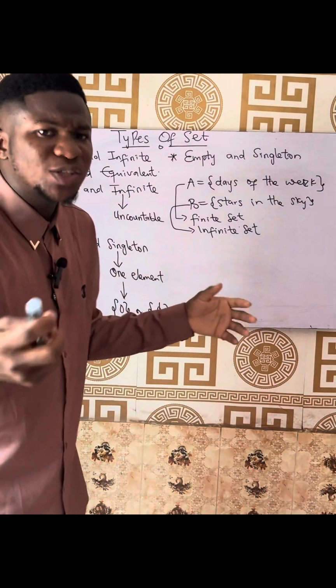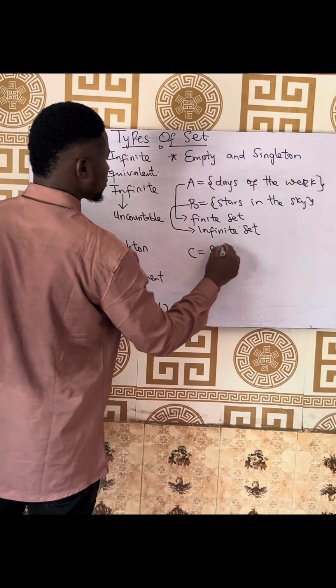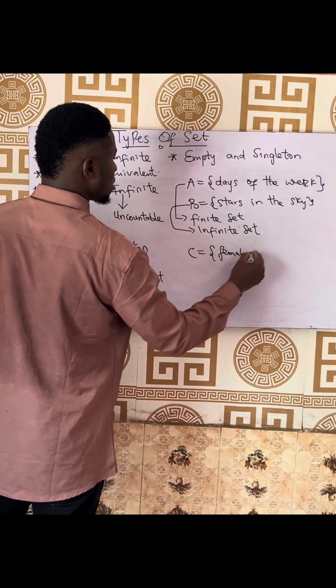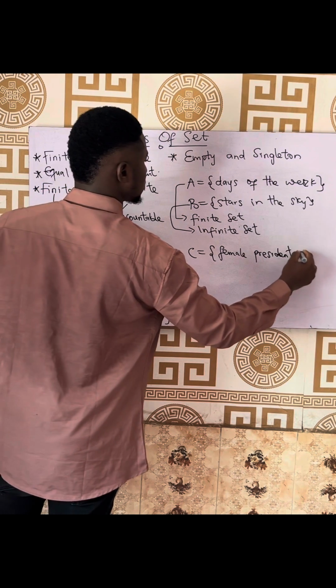Then let's talk about some examples of empty and singleton sets. Let's say we have set C is equal to female presidents in Nigeria.